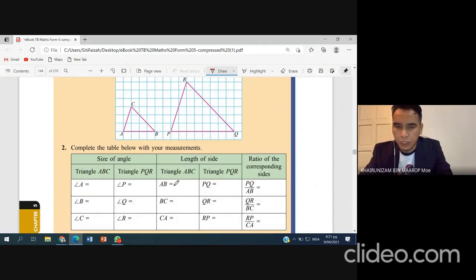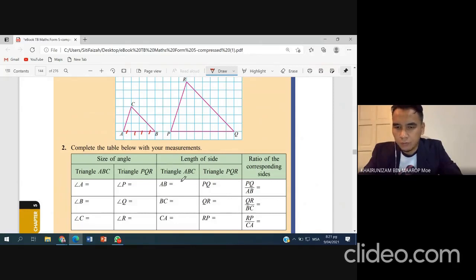Look at triangle ABC, the side AB. We choose this horizontal line because it's easy to measure. Because the triangle is drawn on grid paper, we can count the boxes or the units of the grid. Here is 1, 2, 3, 4.